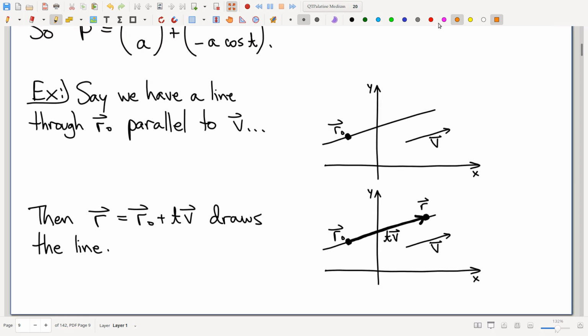Suppose you want to parameterize a line. There is a highly standard, very commonly used method for how to do this. If you want to parameterize a line, start with a point on the line and a vector parallel to the line.